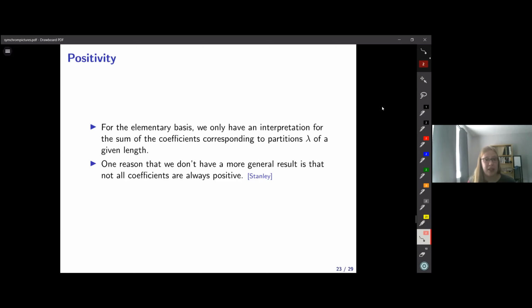So why can't we do it here? And the reason, well, the possible reason is that combinatorial interpretations usually require things to be something you can count, and so we would like the coefficients to all have the same sign. In particular, we would like them to all be positive, but they're not.